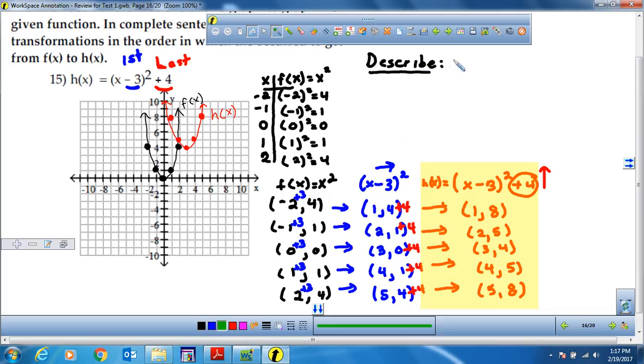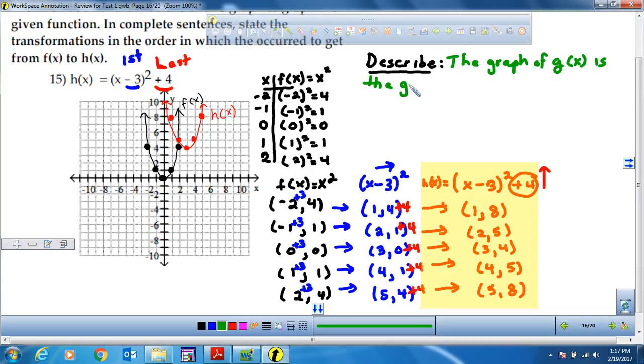So we're going to say that the graph of g of x is the graph of f of x, but the first thing that happened was that it was shifted to the right.